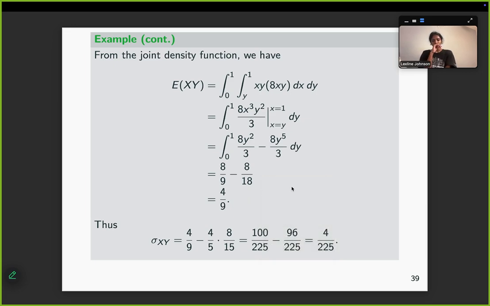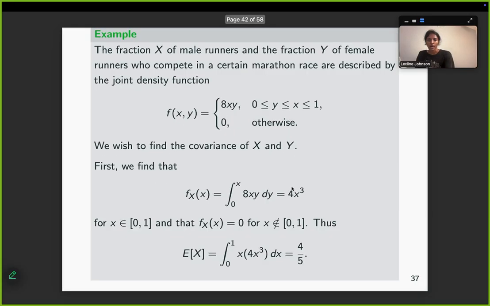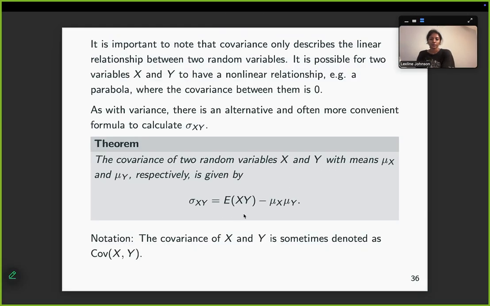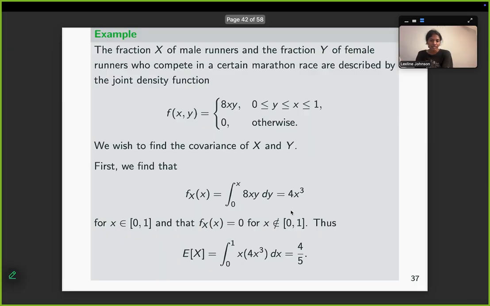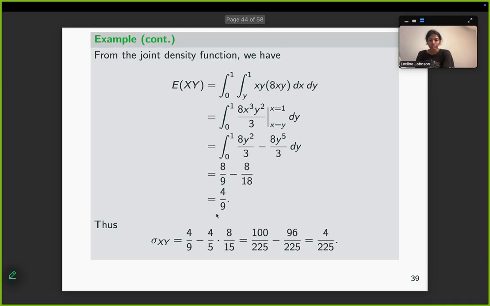Now that we have all our values, we can go back to our theorem, where the covariance is given by the expected value of XY minus the expected value of X times the expected value of Y. We plug that in: the expected value of XY is 4/9, minus the expected value of X, which is 4/5, times the expected value of Y, which is 8/15.